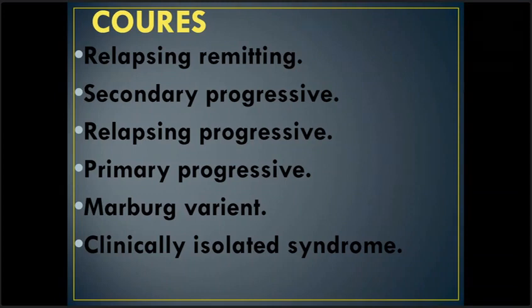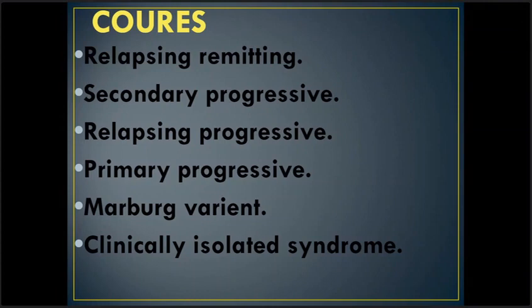Clinically isolated syndrome is the first attack of multiple sclerosis. Here, the patient presents to us with a first attack. So how can we guess this is the first attack of multiple sclerosis?